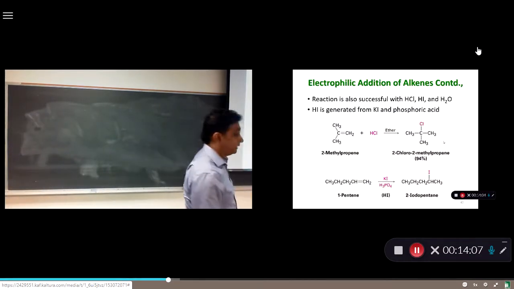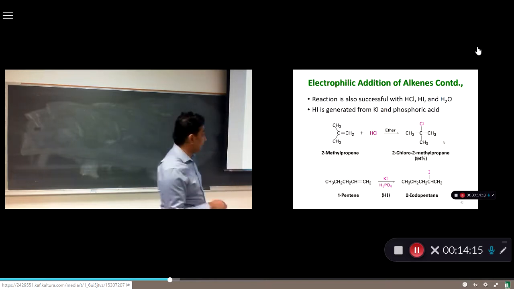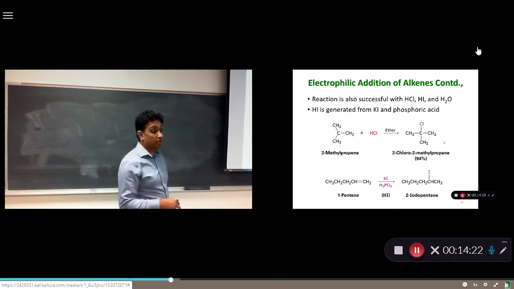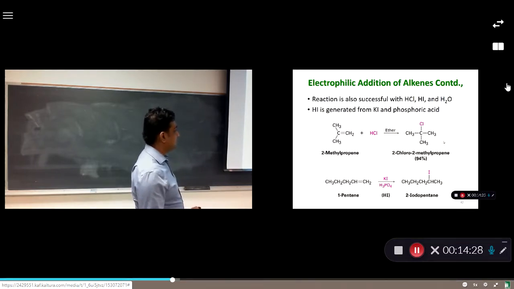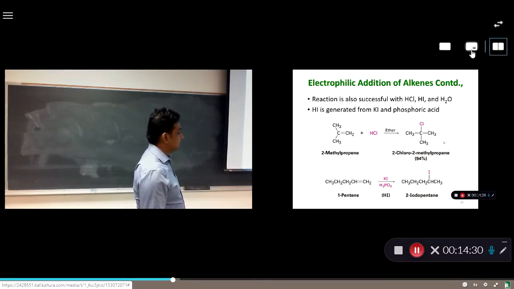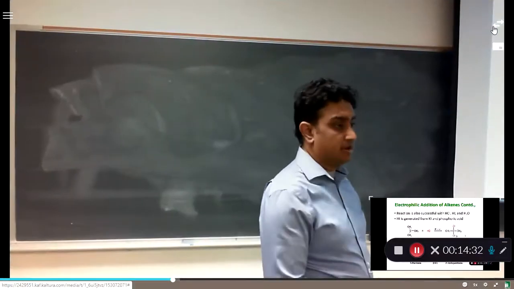Of course, you can expect similar reactions between alkenes and things like HCl or HI. Instead of having a bromide, you can have an iodide or a chloride. So you can have similar reactions using HCl, HI, or even water. HI is usually generated using potassium iodide and phosphoric acid.